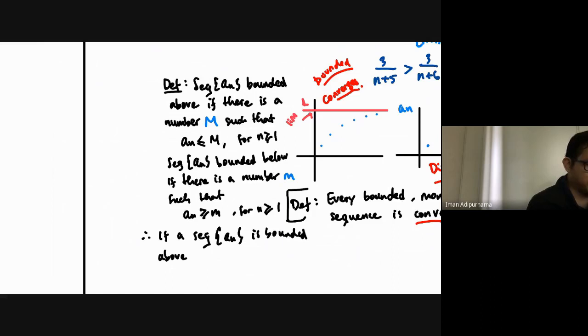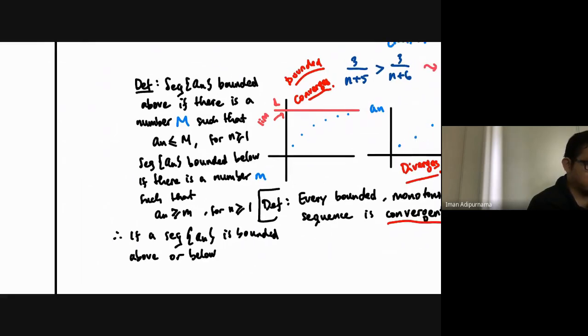The conclusion from these definitions is that if a sequence is bounded above or below or both, it is called a bounded sequence.